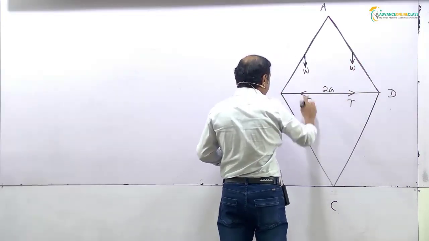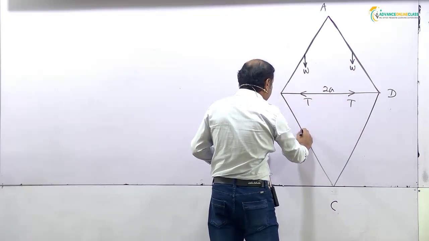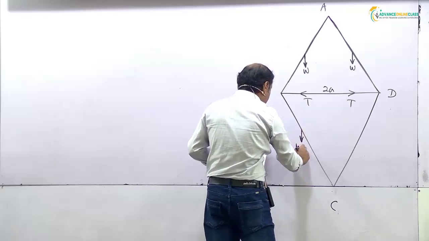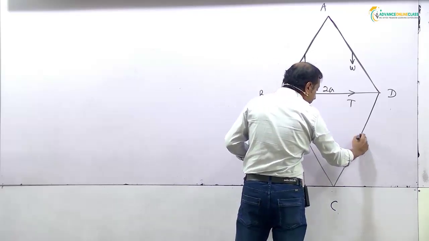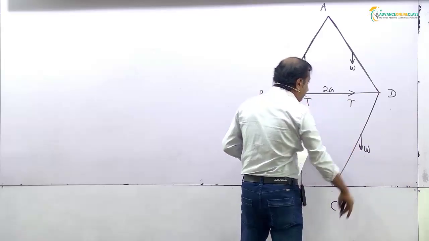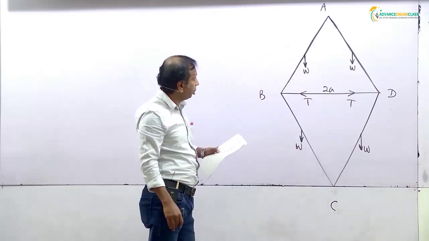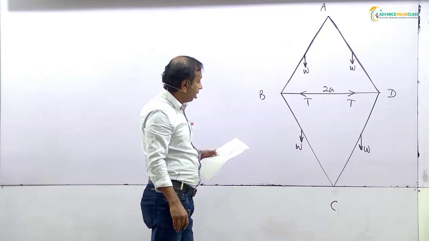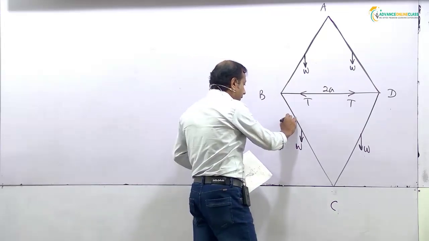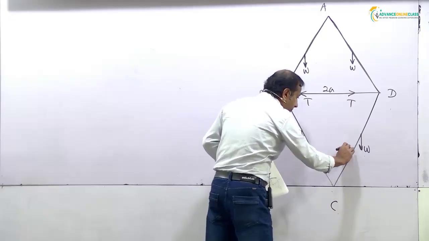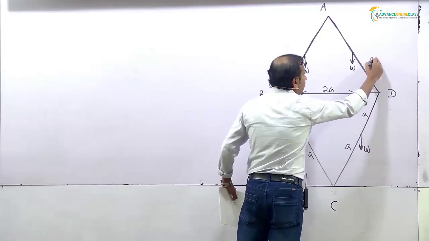W here also acts at the midpoint. Weight here. Right, like so. Interior angle 60. A, A, A, A.